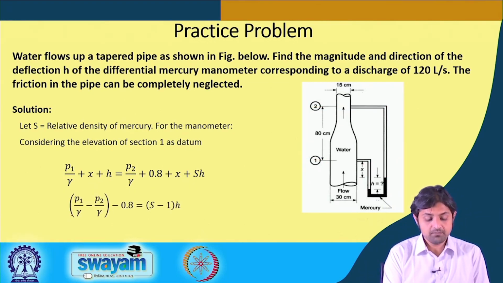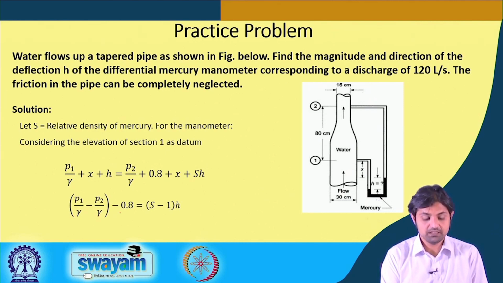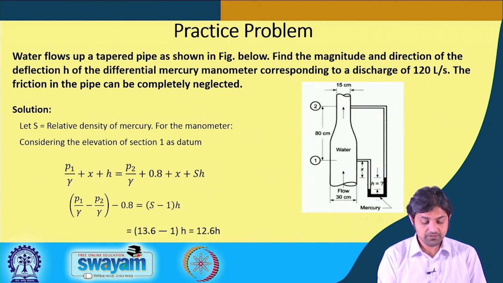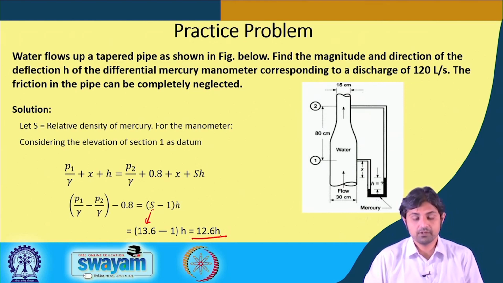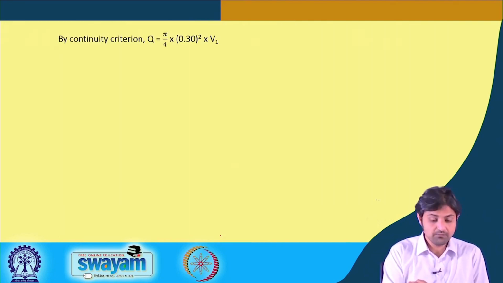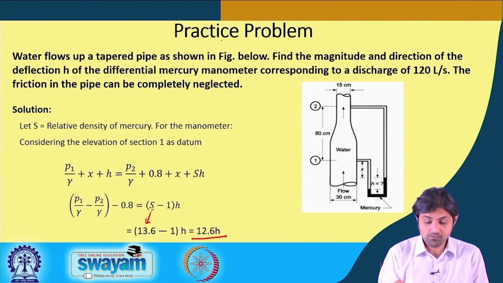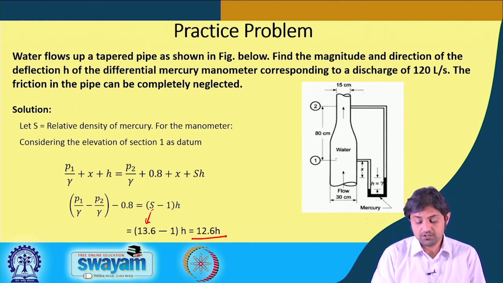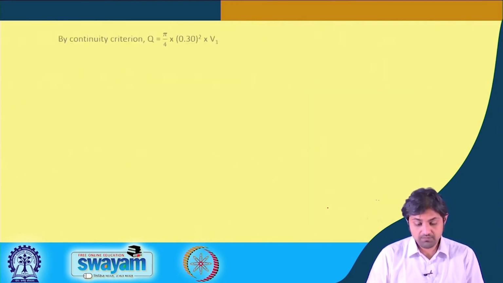So we can write P1 by gamma minus P2 by gamma minus 0.8, because X gets cancelled, is equal to S minus 1 into H. So S is 13.6, that becomes 12.6 into H. By the continuity criterion, Q is going to be A1 V1, where V1 is the velocity at this section, and this is 30 centimeters in diameter.